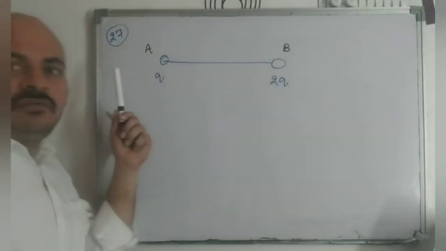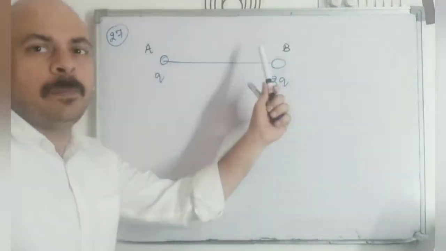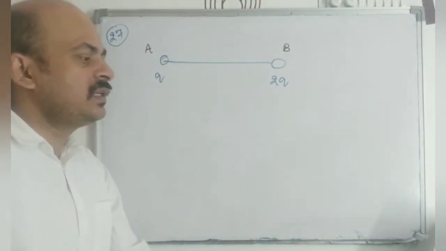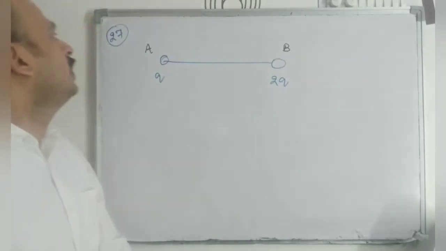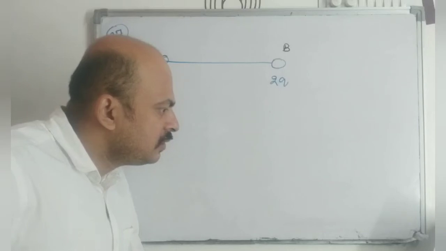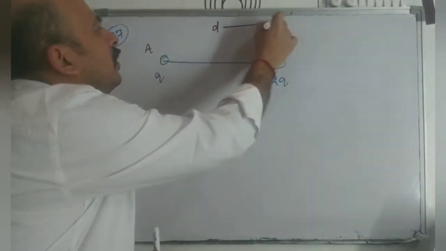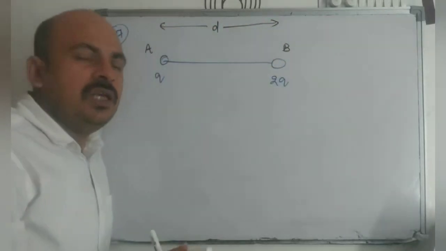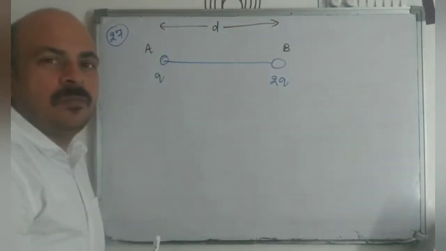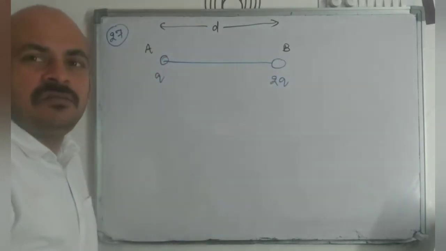Question number 27. Two charged particles q and 2q, A and B, are placed at a certain distance, d. A third charge C is to be placed in between such that the net force on any of the charges will be equal to 0.